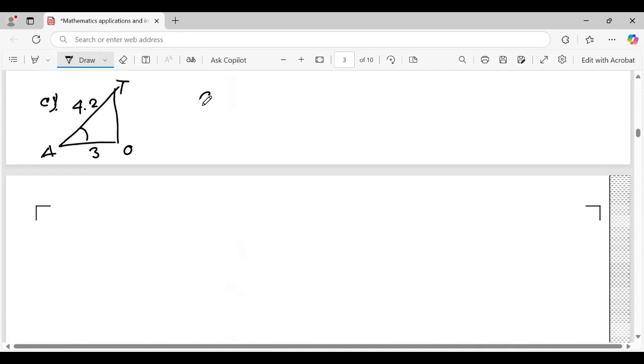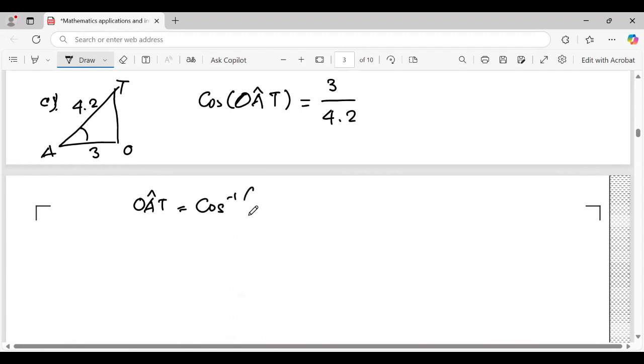So we are going to use cosine: cosine of OAT is 3 over 4.2. So angle OAT equals arccosine of 3 over 4.2.